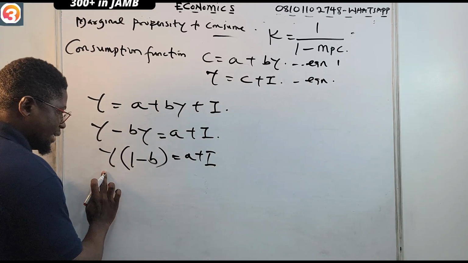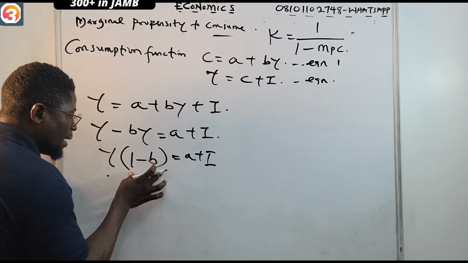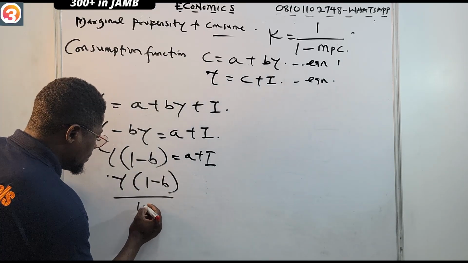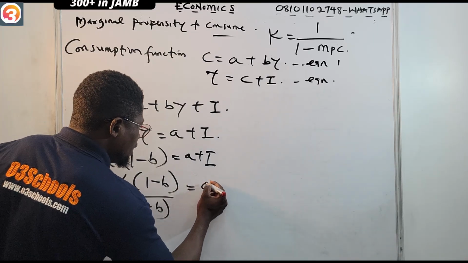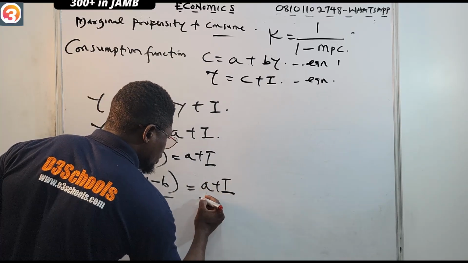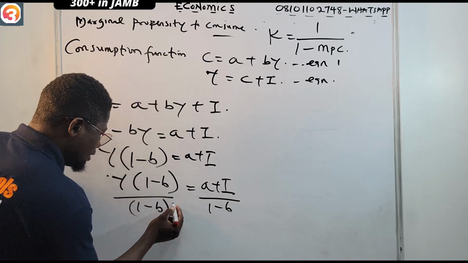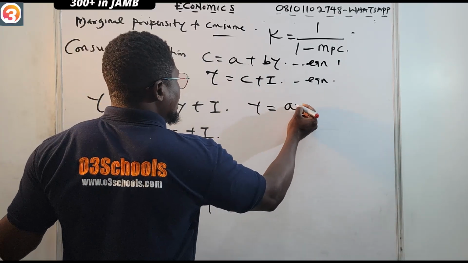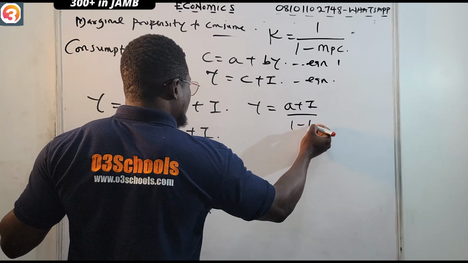We divide both sides by 1 minus B, so Y times 1 minus B over 1 minus B is equal to A plus I over 1 minus B. We cancel this, so now Y is equal to A plus I over 1 minus B.